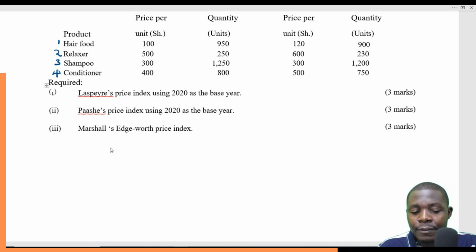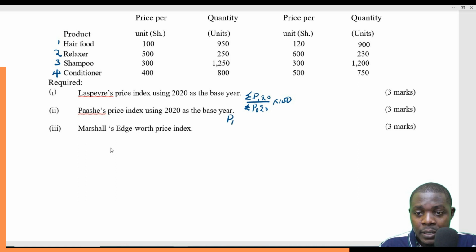The Laspeyres formula is given as summation P1 Q0 over summation P0 Q0, multiplied by 100. Paasche has to be summation P1 Q1 over summation P0 Q1, multiplied by 100.